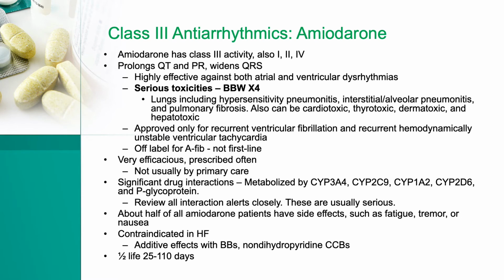Amiodarone is more complex. It has class 3 activity, but it mostly acts via mechanisms like class 1, 2, and 4, so it's got like everything. But serious toxicities can occur in the lungs, including hypersensitivity pneumonitis, interstitial and alveolar pneumonitis, and pulmonary fibrosis, and that can be lethal.